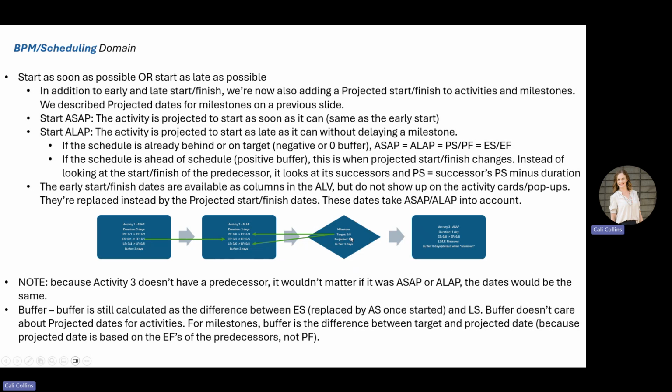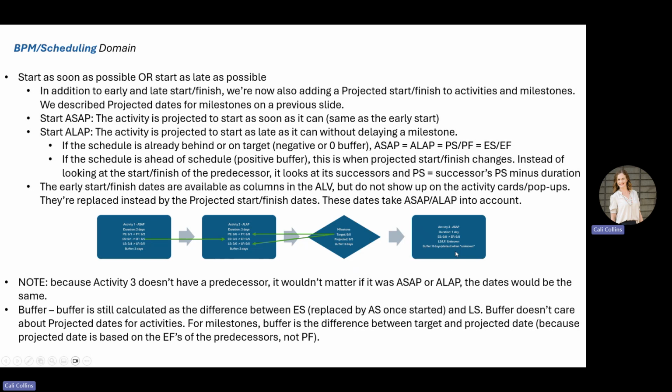In order to complete the activity by the 8th, and it doesn't matter on a milestone if it's the start or the finish of that day, as long as it can complete it on that day, your projected finish here is going to be on the 8th, and your projected start is on the 6th. So in this example, the late start and the projected start do match, but that's not necessarily always the case, especially if you have multiple predecessors and successors.